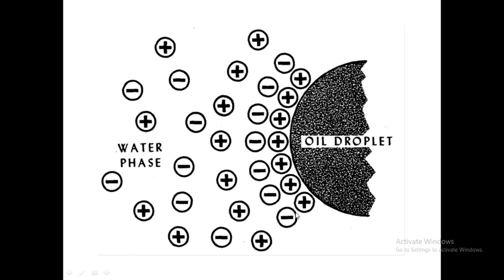Then negative charge from the dispersion medium is again attracted towards the positively charged ions, which results in the formation of an electrical double layer. Due to this electrical double layer, the dispersed phase globules are repelled from each other, and thus coalescence or aggregation of these oil globules can be minimized, which results in the formation of a stable emulsion.